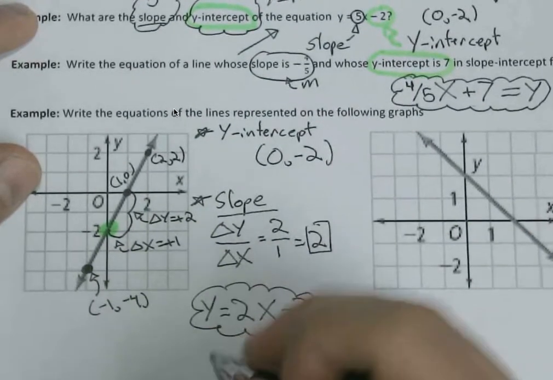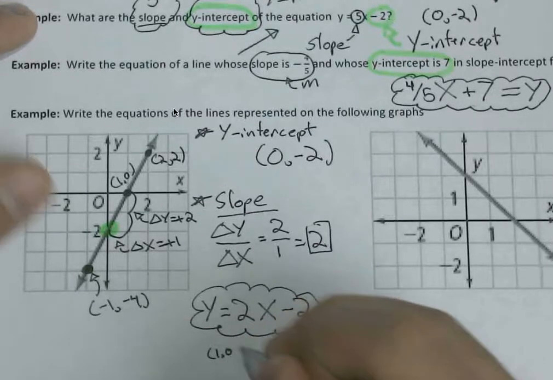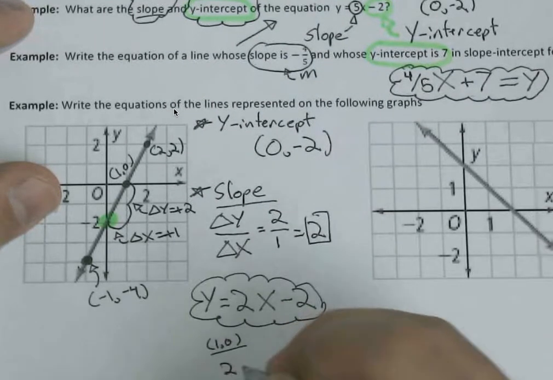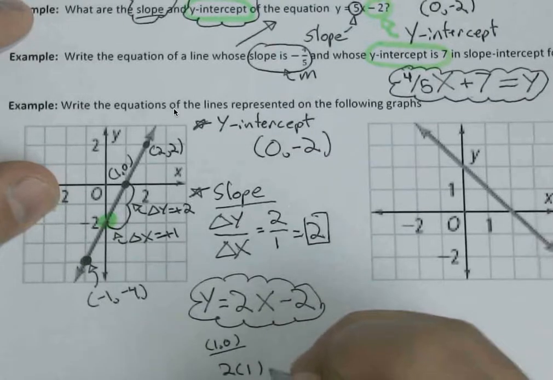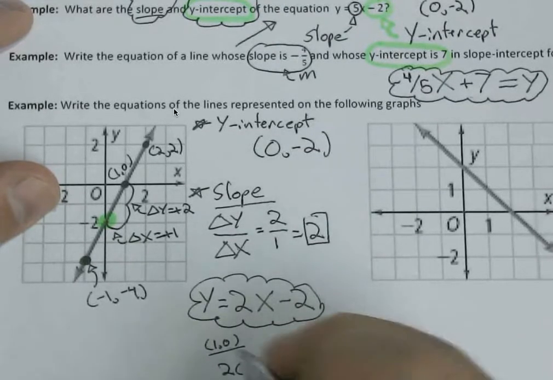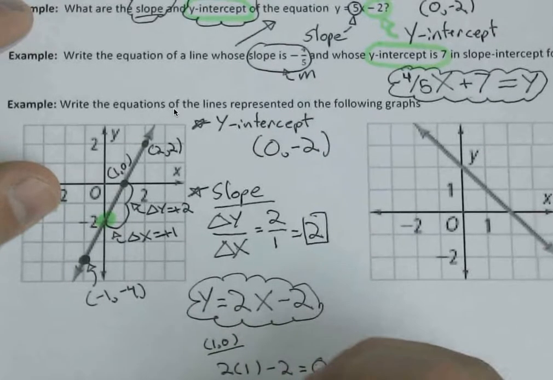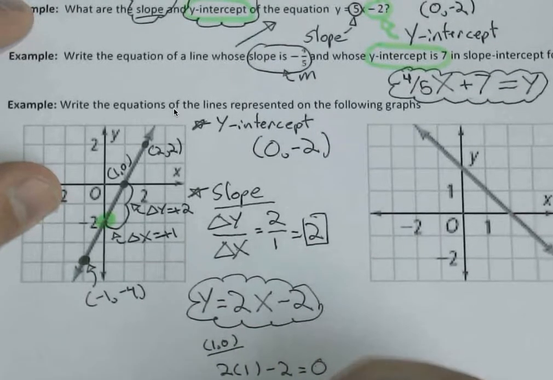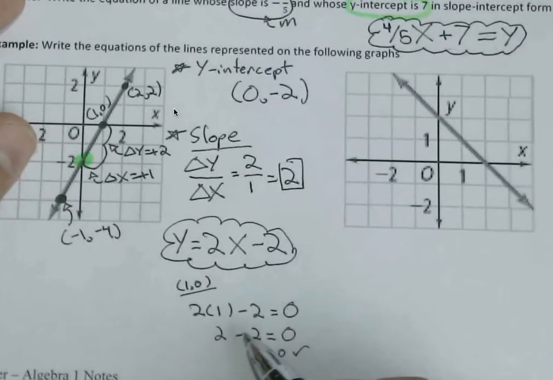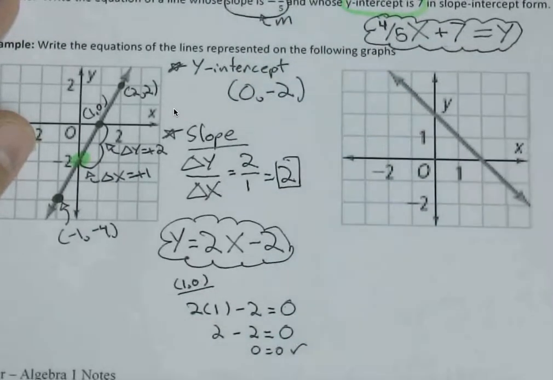Like we could check (1, 0). If we plug in where x is 1, the outcome should be the y-coordinate, which is 0. 2 times 1 is 2. 2 minus 2 is definitely 0. So we're definitely correct because this point was on the line and we wanted that to happen.